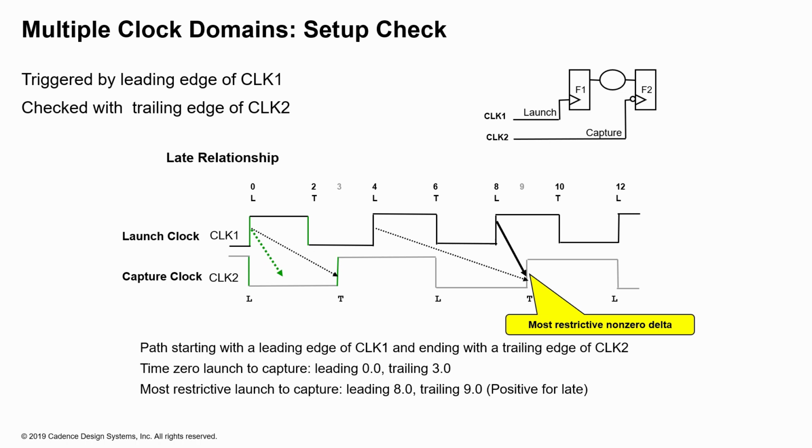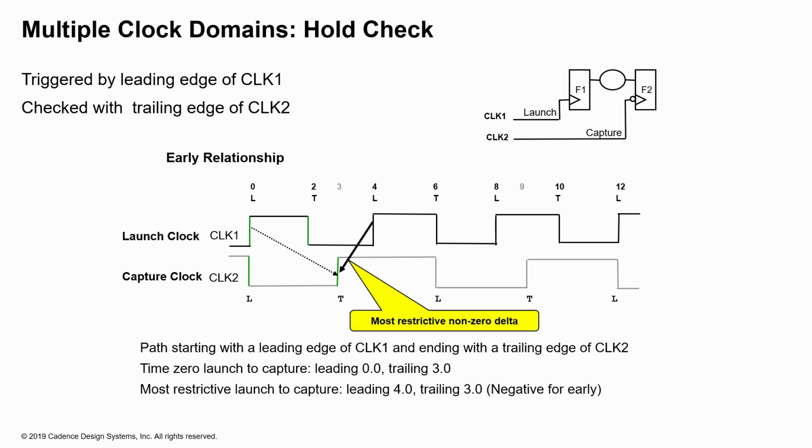Whereas if we look at the leading edge 8 launch and the capture happening on clock 2 at the trailing 9, that seems to be the most restrictive or worst case combination. So we have to look at that combination of launch and capture and make sure that the design meets the timing or the setup check for that particular most restrictive capture and launch combination.